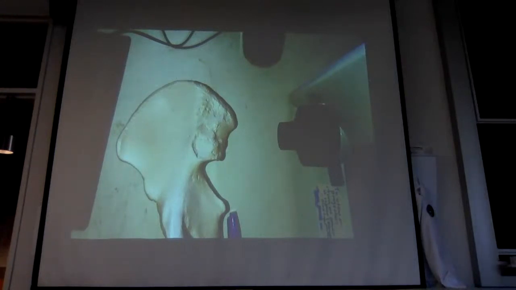Take a guess what this one's called. Posterior superior iliac spine. This other one, posterior inferior iliac spine.